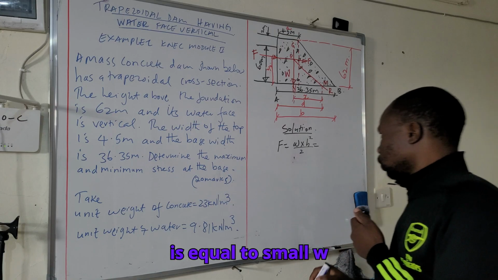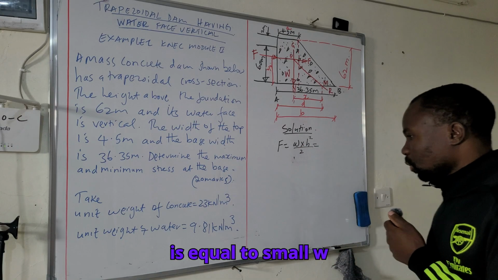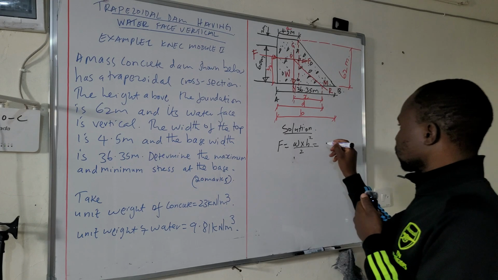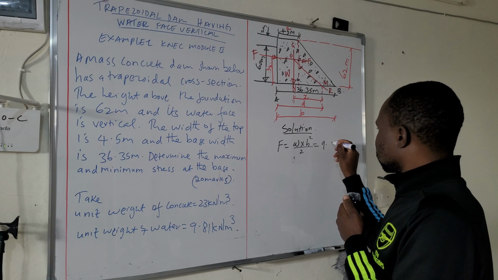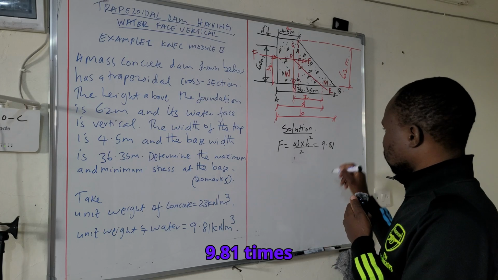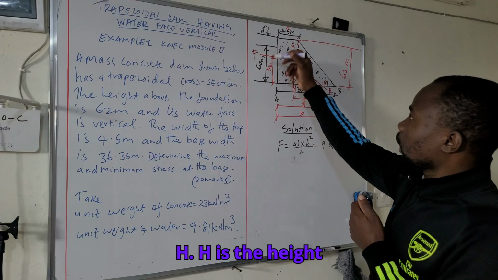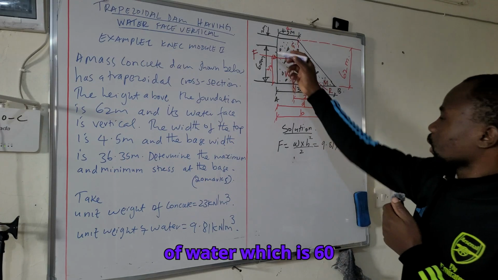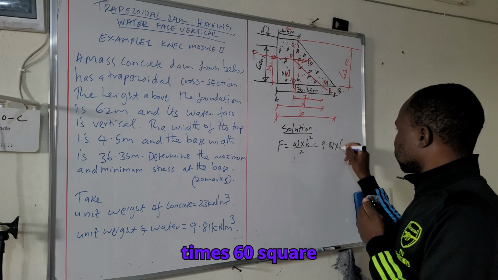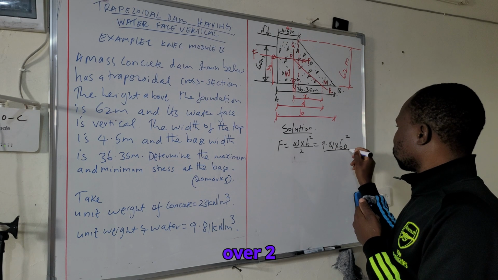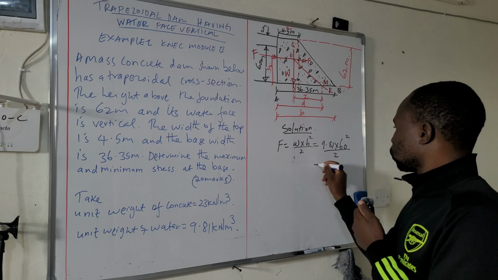So this is equal to: small w is the unit weight of water, which is 9.81, times H squared, where H is the height of water, which is 60, so 60 squared over 2.